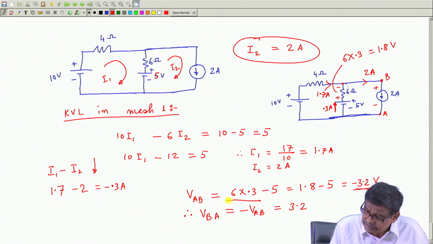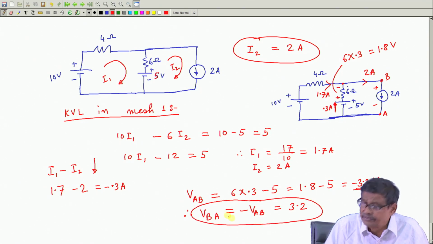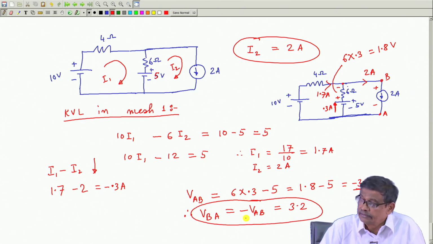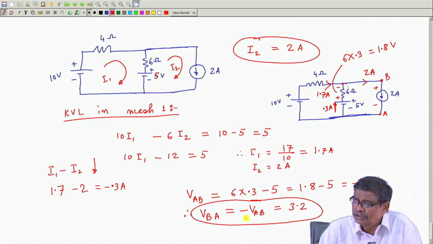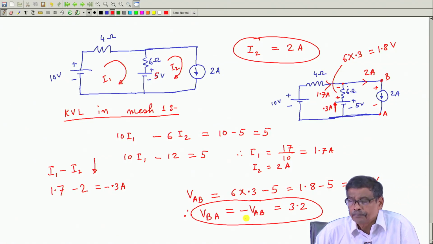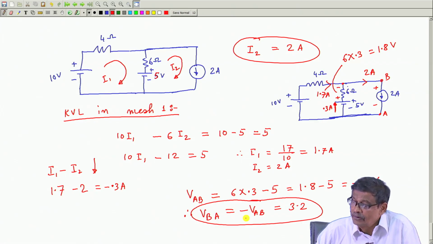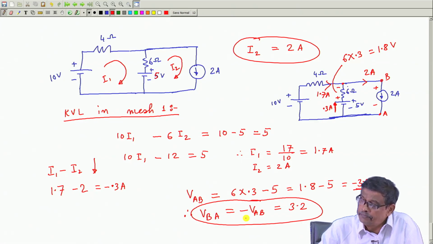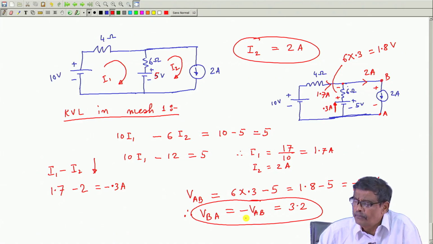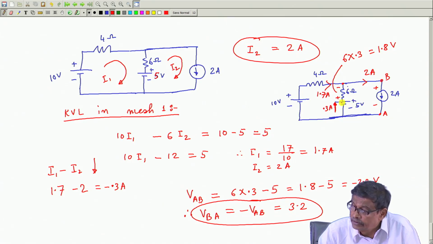Therefore, these observations you please try to understand always. And then the next task: there are two sources. What if I ask what this 5 volt is doing? This battery, is it delivering power or absorbing power? Looking at the polarity of the voltage, through the plus sign of this battery 0.3 ampere is coming out.